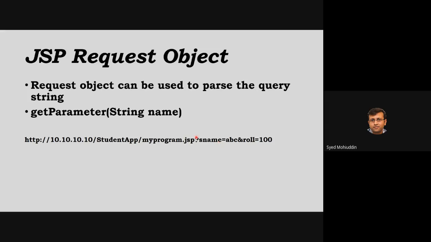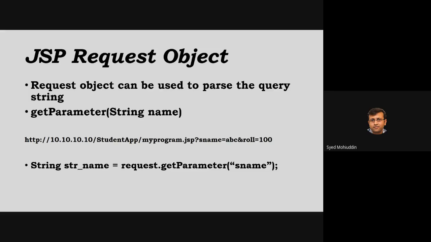After the question mark comes your query, which is known as the query string. If we use getParameter and pass sname as a string within the brackets, the method will return the value, that is ABC in this case.